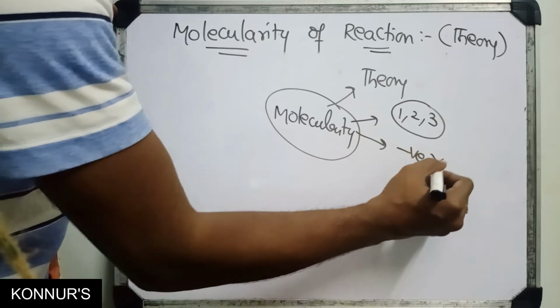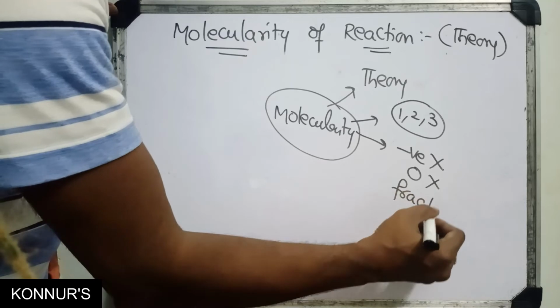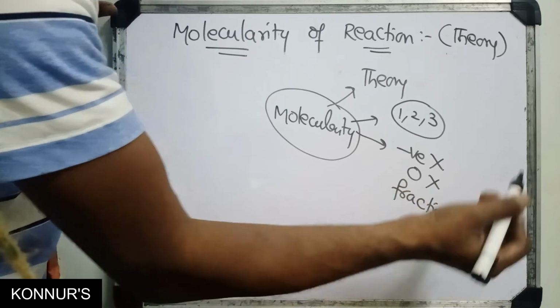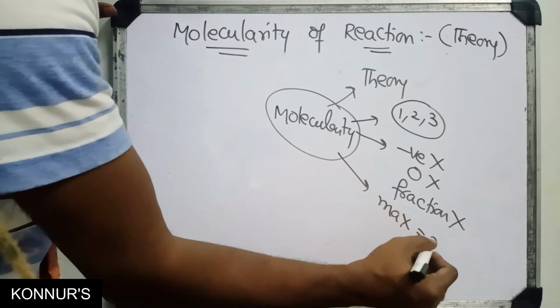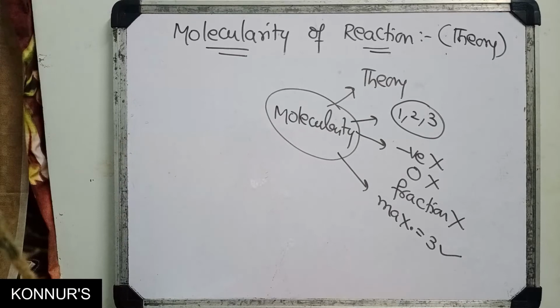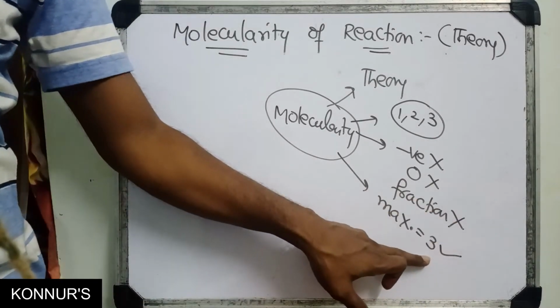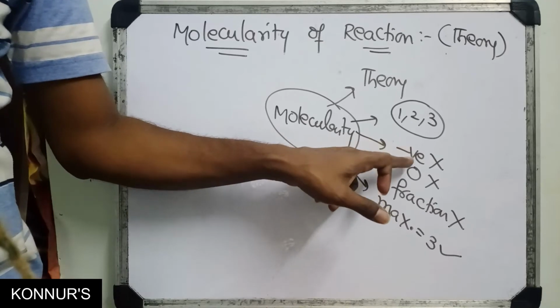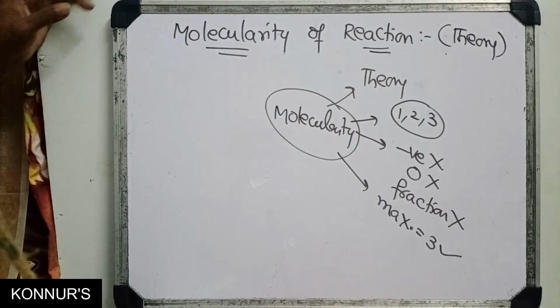Negative values, zero and fractions are not observed, and more than 3 does not exist. But order can be more than 3, negative, zero or a fraction.